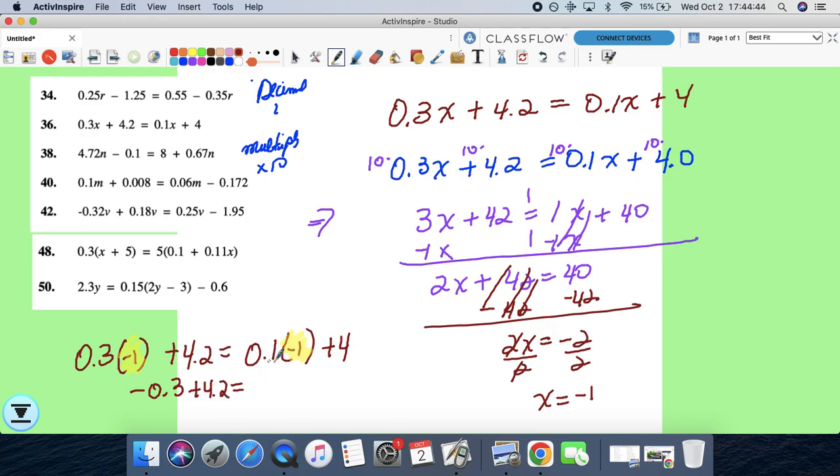On this side, 0.1 times negative 1 is just negative 0.1 plus 4. Negative 0.3 plus 4.2 is going to give me positive 3.9, and negative 0.1 plus 4 is going to give me positive 3.9 as well. Yeah, we're good. We're 2 for 2.